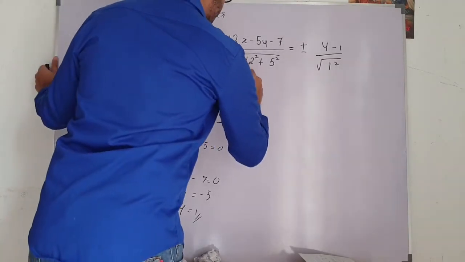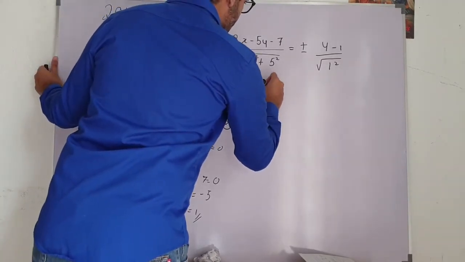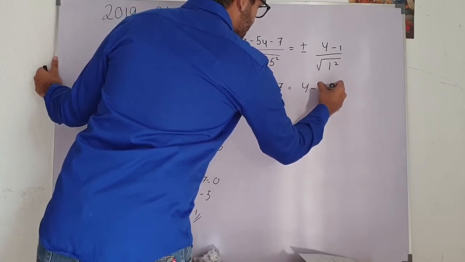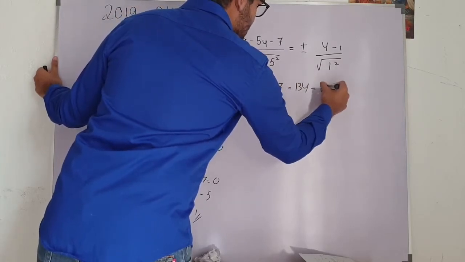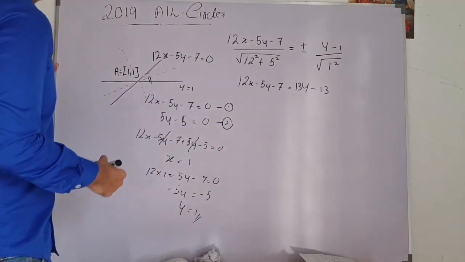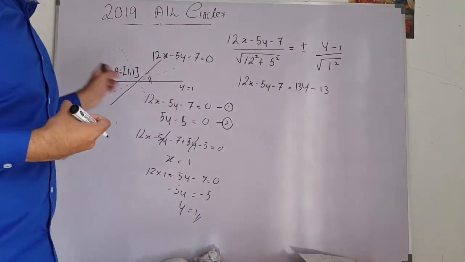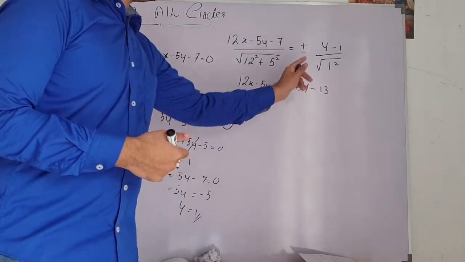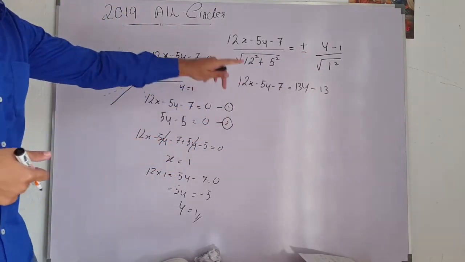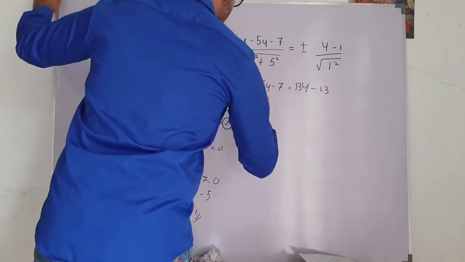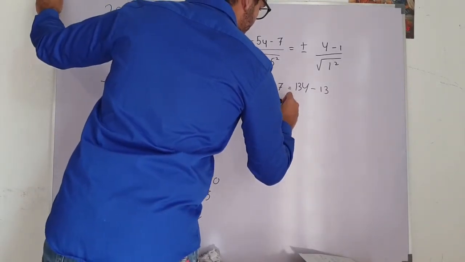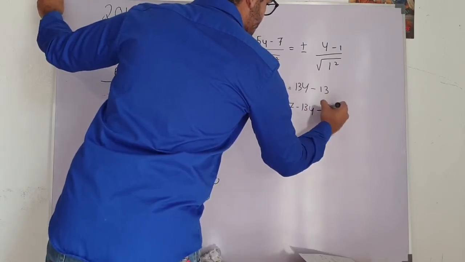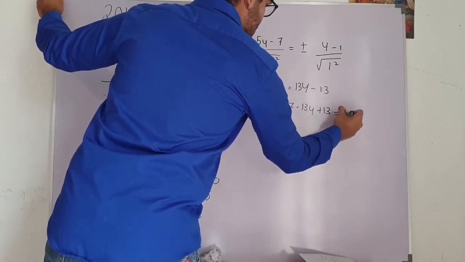So you can take 12x minus 5y minus 7 over 13 equals y minus 1 over 1, because the root of 169 is 13. 13 goes to here, making 13y minus 13. So you can obtain the answer like this: 12x minus 5y minus 7 minus 13y plus 13 equals 0.